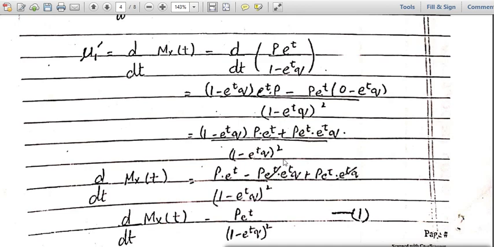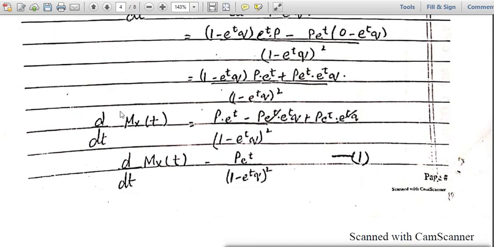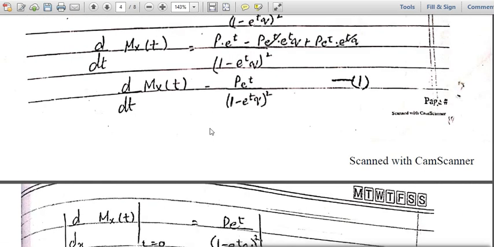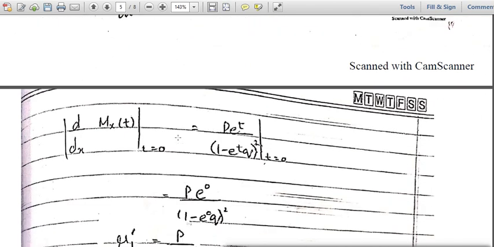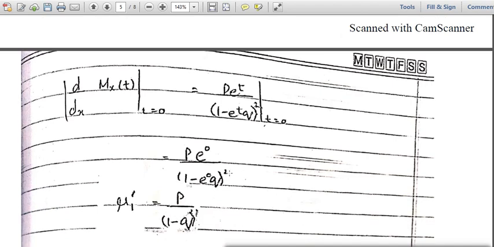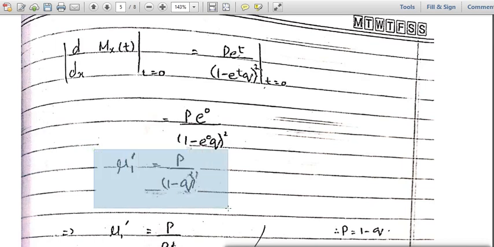This gives mu1 prime as p e^t over (1 minus e^t q) whole squared. Now we put t equal to 0: e^0 is 1, so we get p over (1 minus q) whole squared. This is the first moment mu1 prime about the origin.